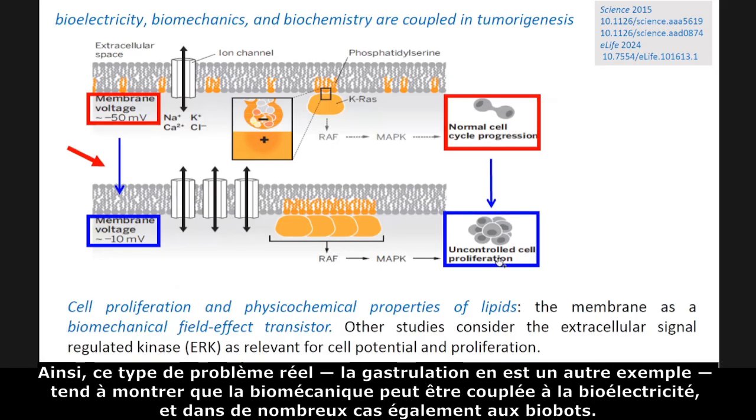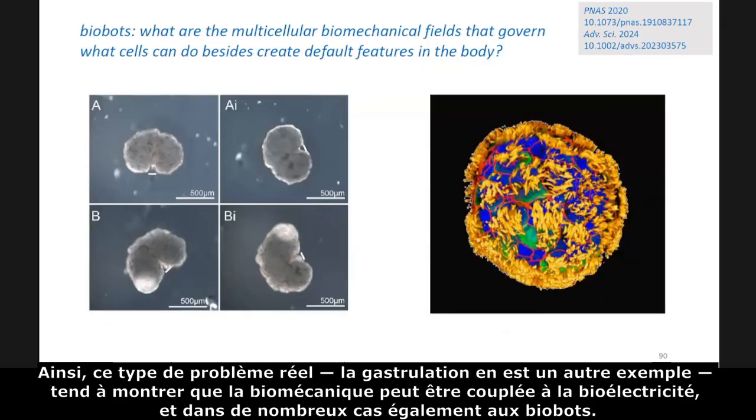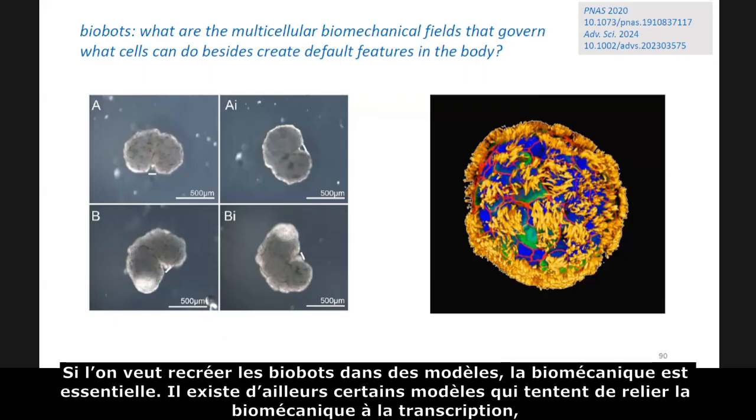So these real problems tend to show, gastrulation is another problem, that biomechanics can be coupled to bioelectricity in many cases. Also Biobot, if you want to recreate Biobot in modeling, biomechanics is essential.